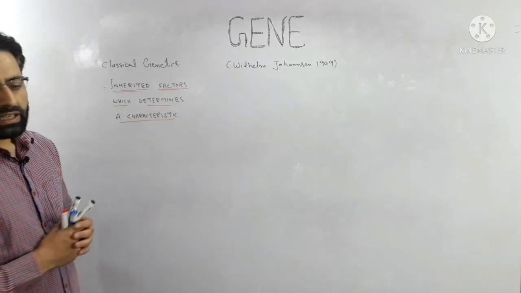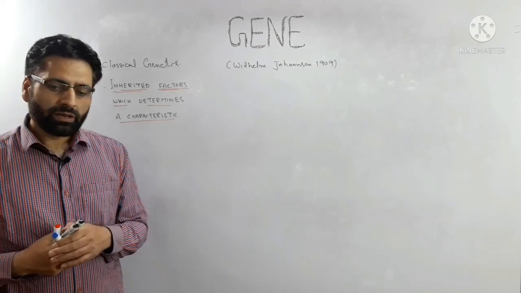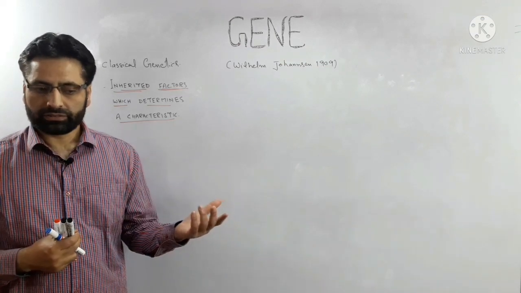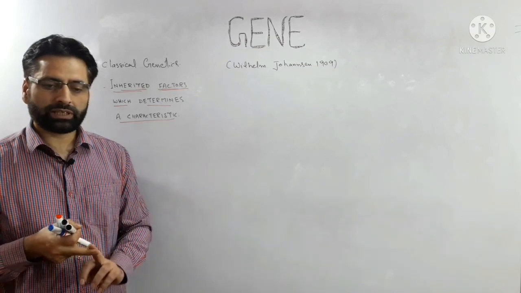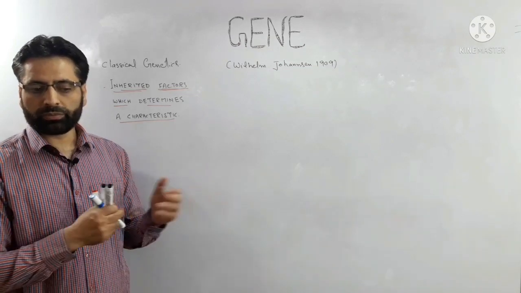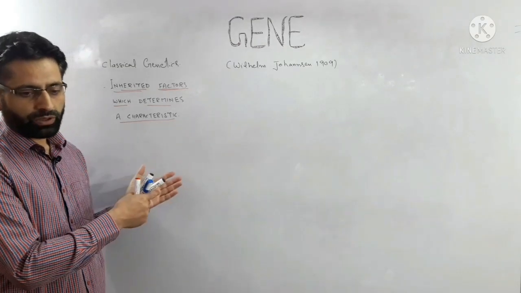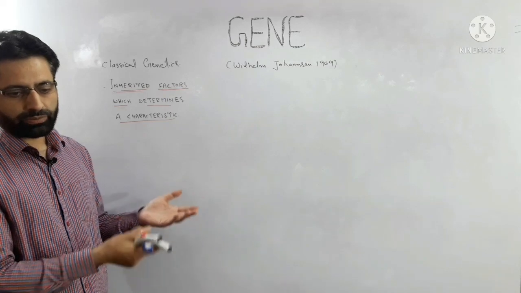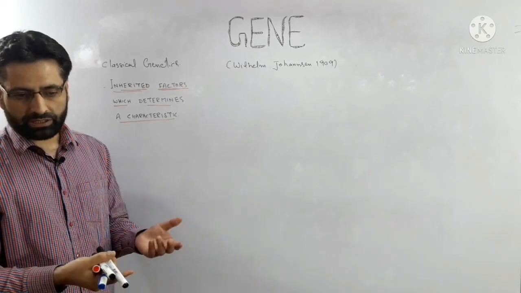This is in classical genetics, but in molecular genetics, the requirements are different. In molecular genetics, you are supposed to explain how the genetic information is encoded within this gene and how this information gets translated from the gene into the protein, how it is expressed.